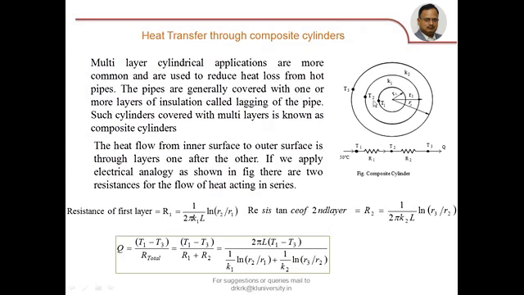So for the heat flow from T1 to T3, there are two resistances. And those two resistances are the conduction resistances offered by insulation 1 and insulation 2. For the heat flow from the pipe to the environment, these two resistances act one after the other.